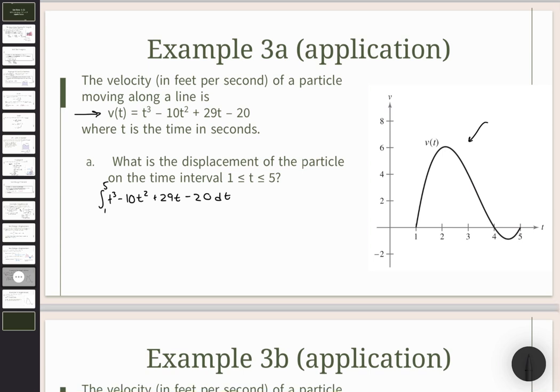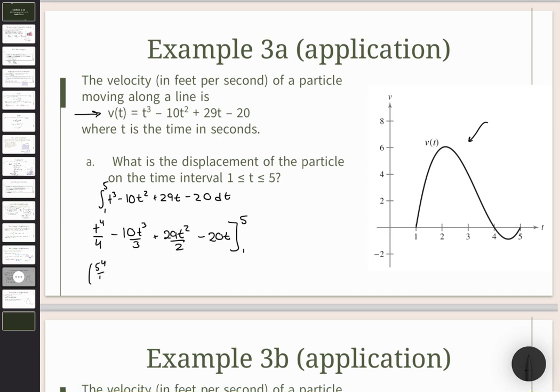Let's go ahead and do that. So when I integrate this, I'll get t to the 4th over 4 minus 10t to the 3rd over 3 plus 29t squared over 2 minus 20t. And I would like to evaluate that at both 5 and 1. If you need to use your calculators for some of these, you are welcome to.